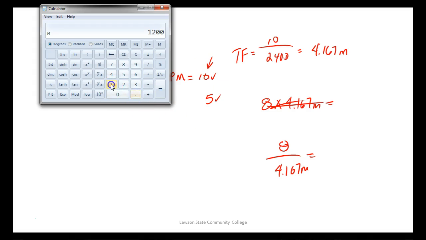If I get 10 out, then I could come up with this little math thing, and it says I would be running at 2400 RPM.